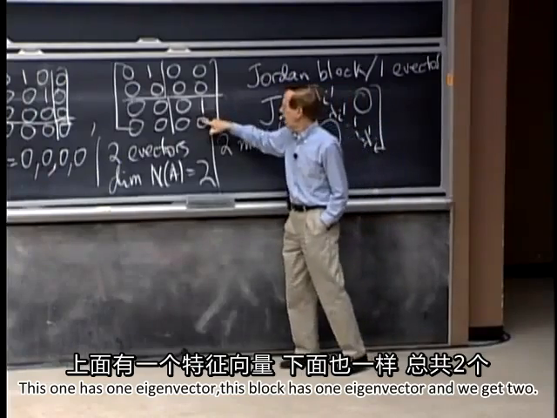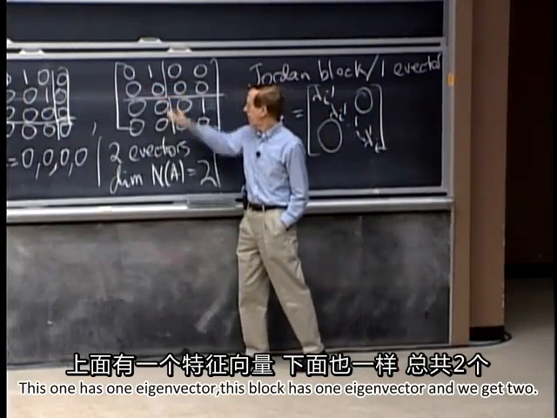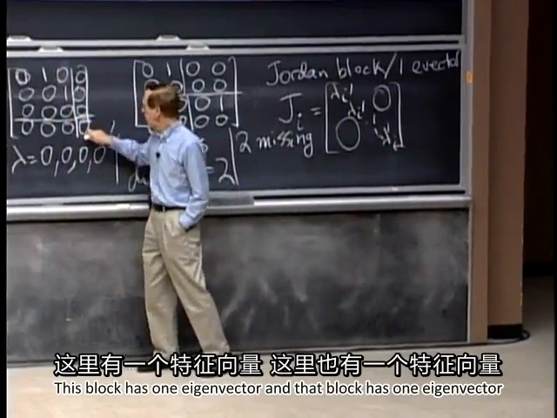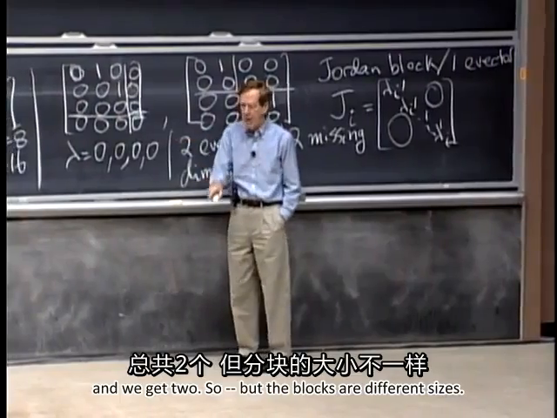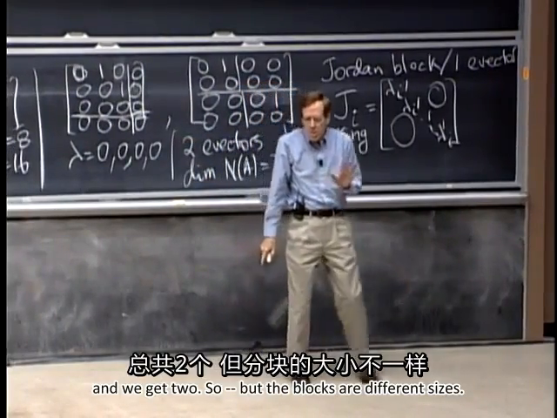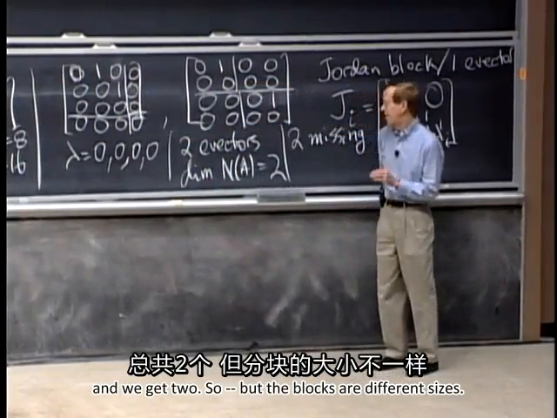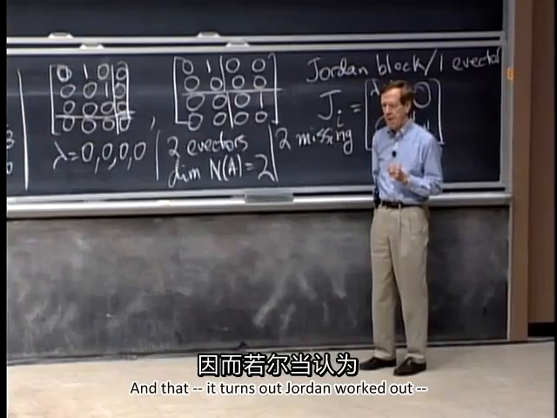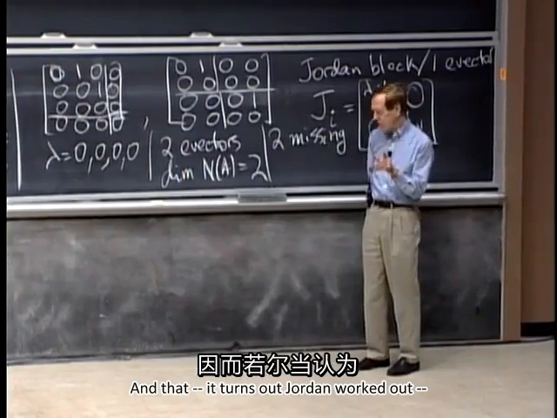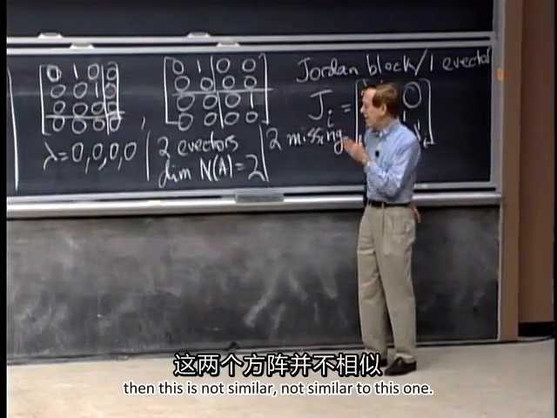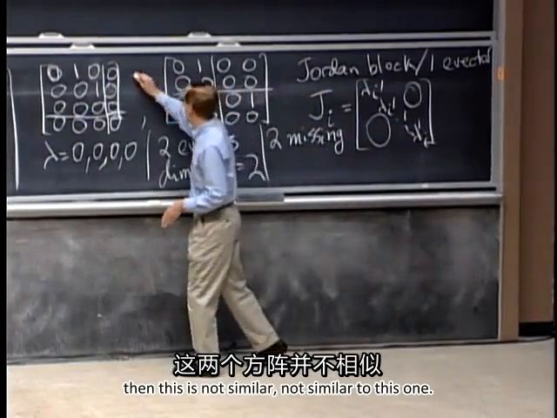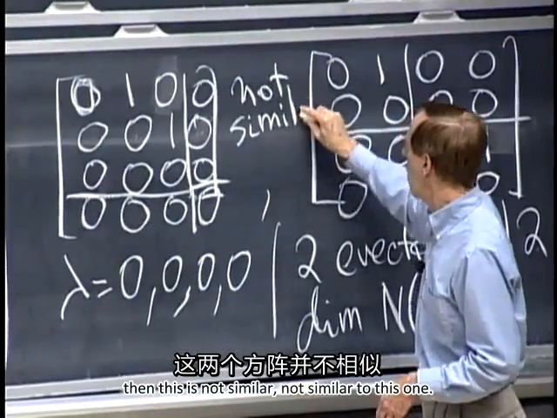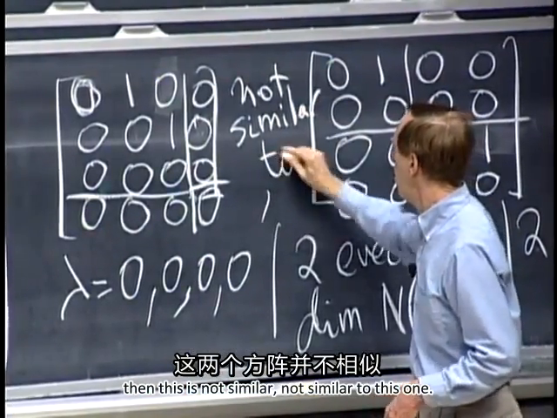This block has one eigenvector, and that block has one eigenvector, and we get 2. But the blocks are different sizes. And Jordan worked out that this is not similar to this one.